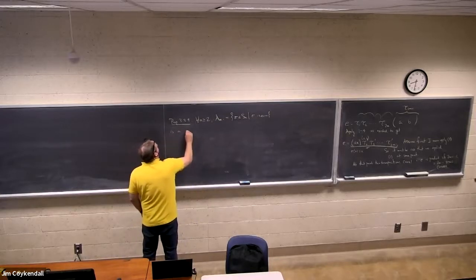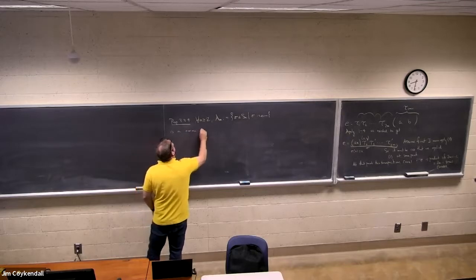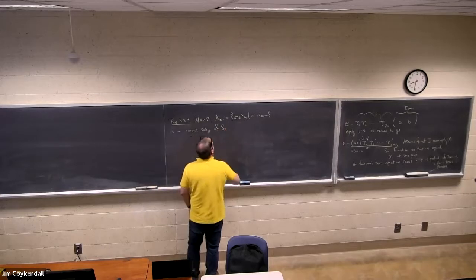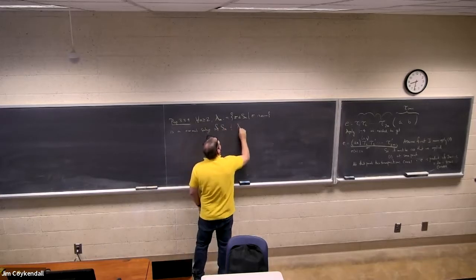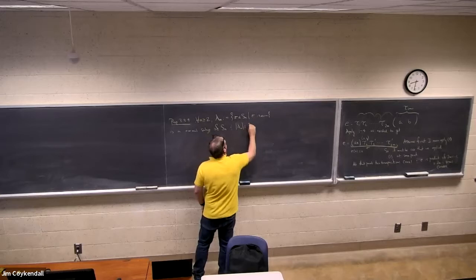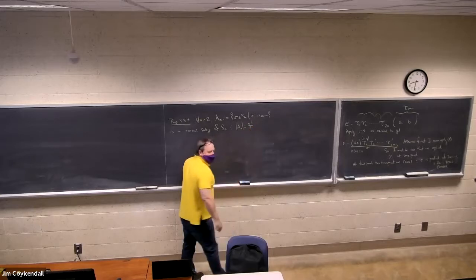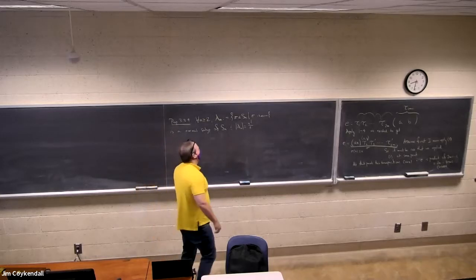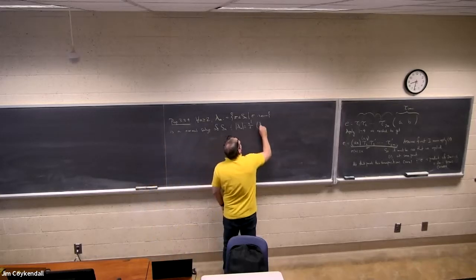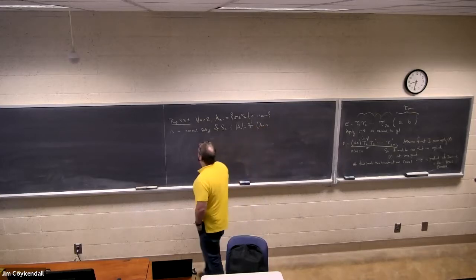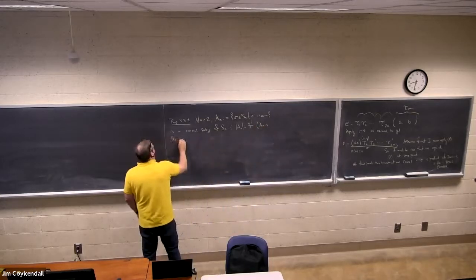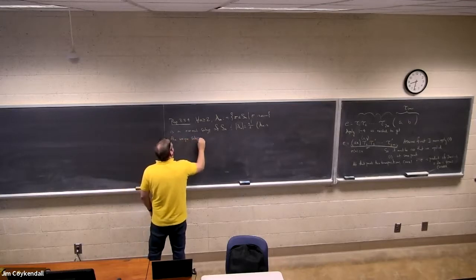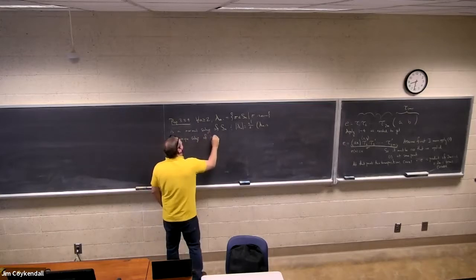An is a normal subgroup of Sn, and the number of elements is n factorial over 2, and An is the unique subgroup of index 2.